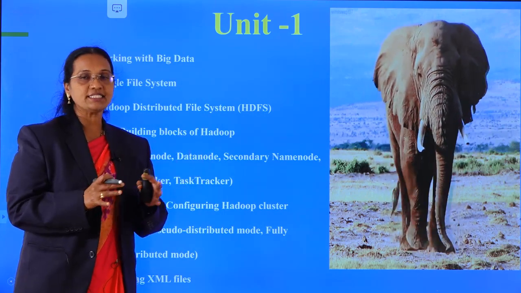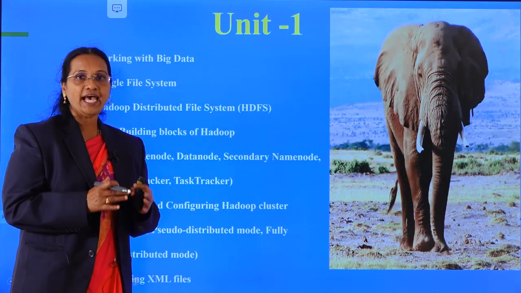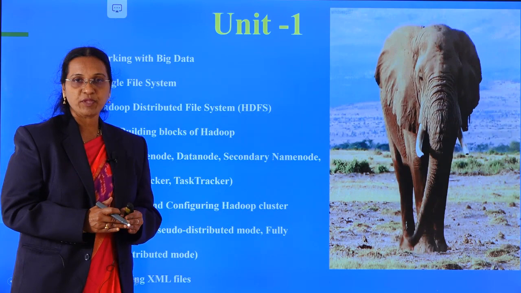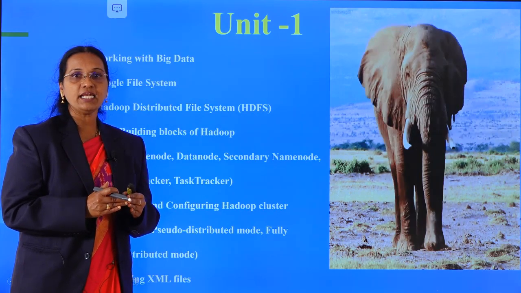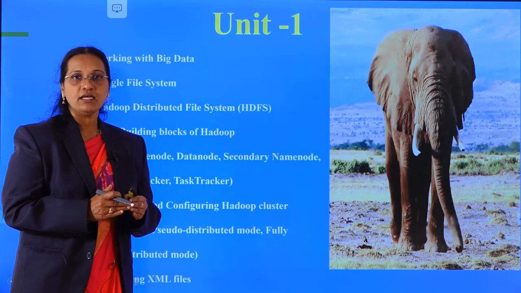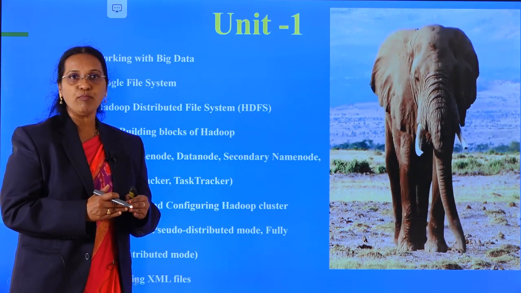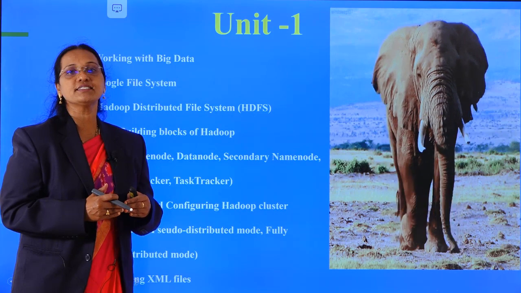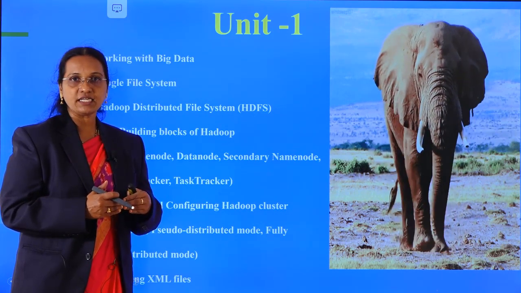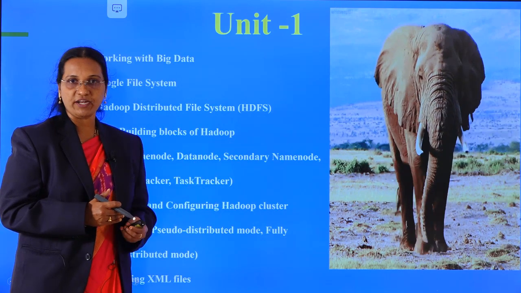That is one reason, and the second important reason is, as the Big Data Analytics course is a combination of Hadoop software, and the person who designed and developed Hadoop is Doug Cutting, and Doug Cutting gave the name Hadoop from his son's toy, which is a symbol of elephant. So because of that reason we have given the symbol of elephant.